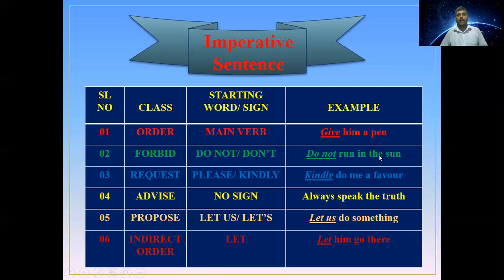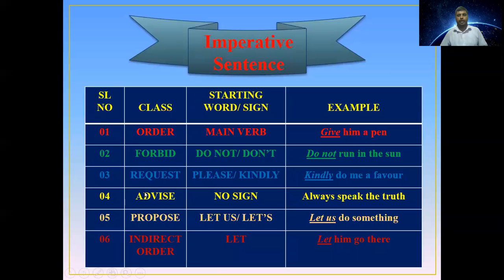Do not run in the sun. The underlined word is do not. Serial number 3, request. Starting words or sign: please or kindly. Example: Kindly do me a favor. The underlined word is kindly.